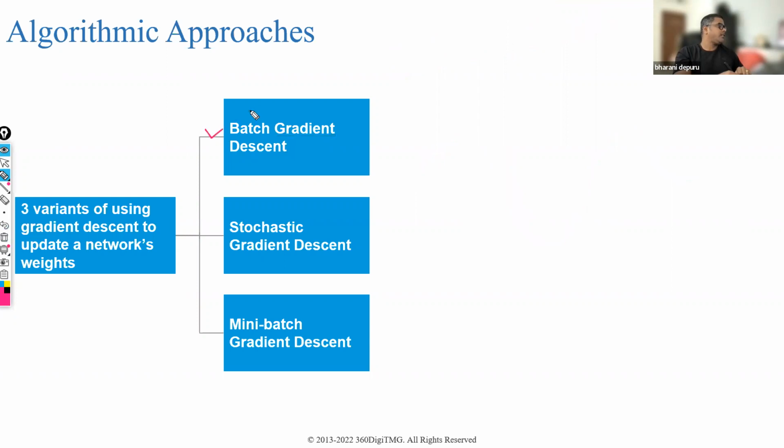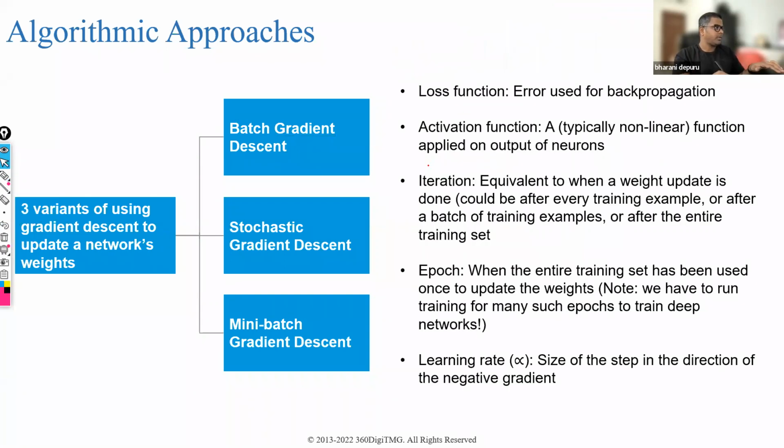And all these three we have already discussed: batch gradient, stochastic gradient, mini batch gradient descent. In all these three, all these things also we have discussed. Basically, we know loss function, activation function, what is iteration, what is epoch, what is learning rate.